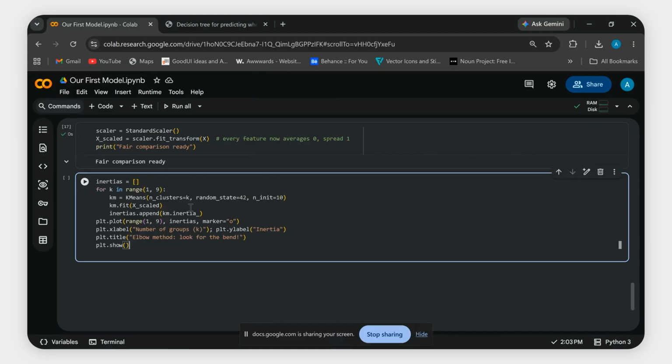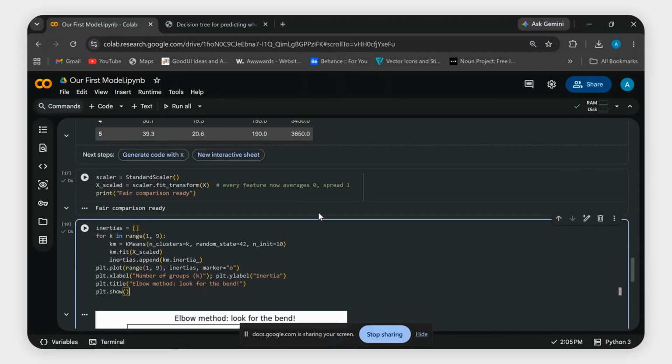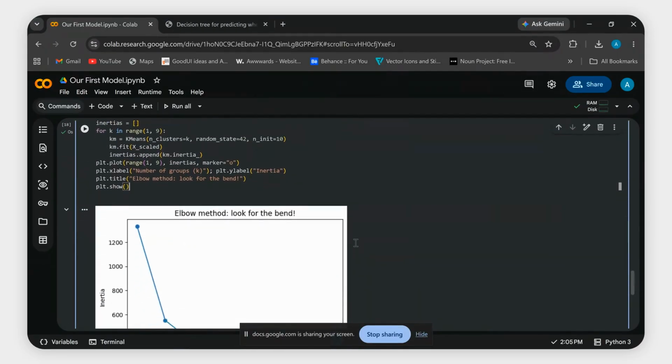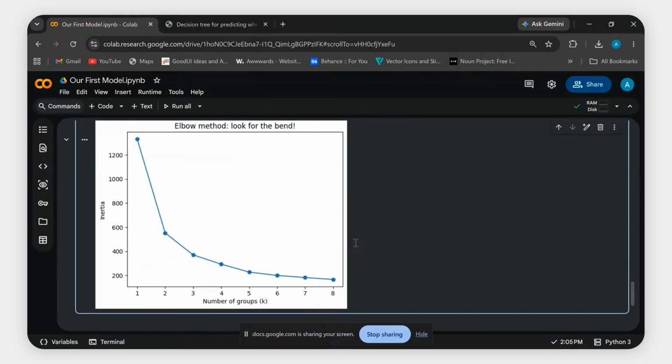So the bend is the elbow. Look for the bend. We'll come back to this slide and look at how to read it properly.